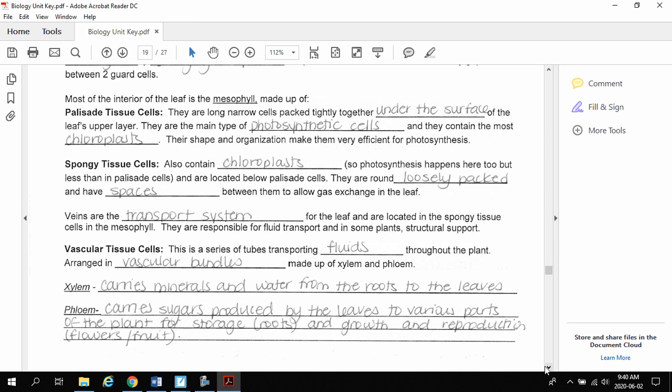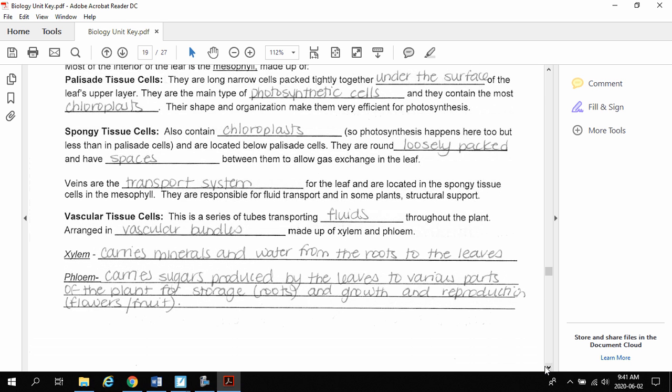So moving out to produce flowers, and if that flower is fertilized, producing fruit and seeds. Phloem is taking the products of photosynthesis, being sugar, and transporting it all over the plant. You should know the roles of those two things, what they're carrying and where they're going.